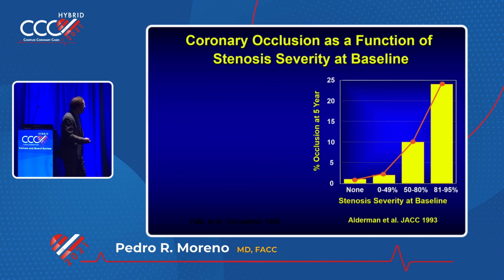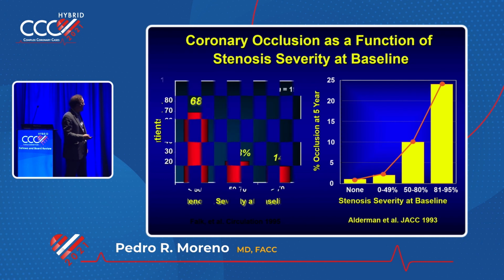But if you look at the follow-up of non-obstructive plaques, the rate of occlusion at 5 years is very low, less than 2-3%. Actually, plaques up to 80% only go 10% to acute occlusion, and only the very severe plaques go to acute occlusion 5 years after.